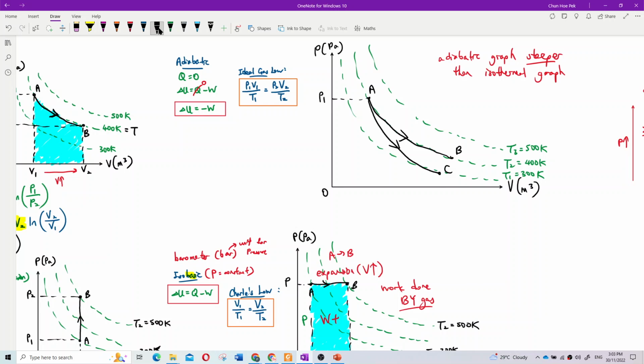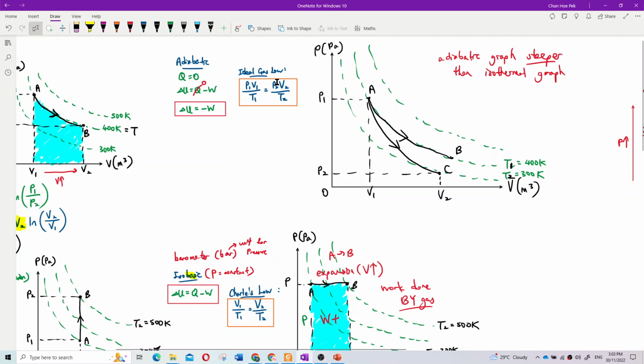Okay, we have P1, we have P2, and then we have volume 1, volume 2. This is T1. This is T2. Understand? Yeah, this is T1 and this is T2.